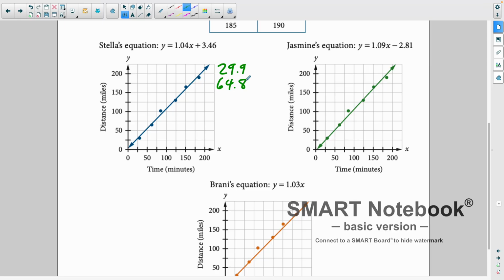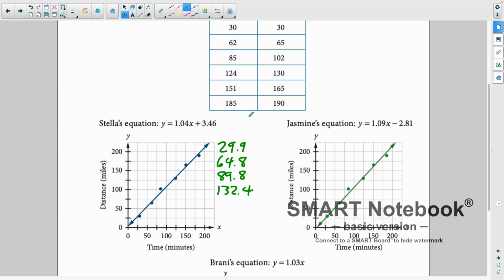Because you probably did Brady, and so now we're doing Jasmine. That way you get it written down, all right? The next one, 89.8. Next one, 132.4. 161.0. 161 what? 161.8. Okay.